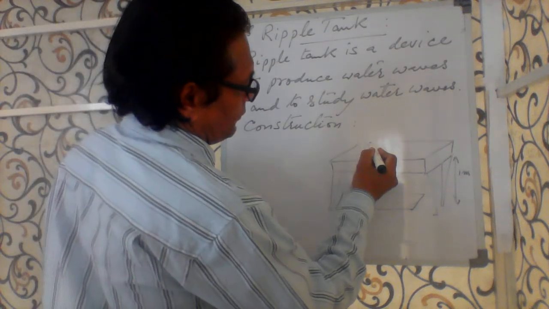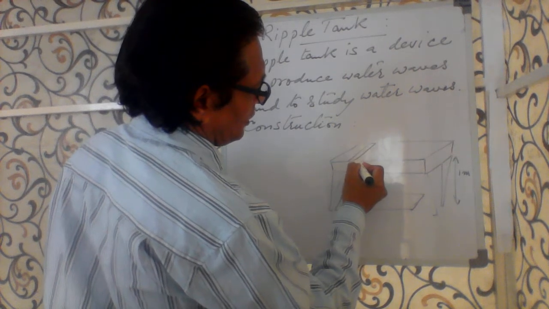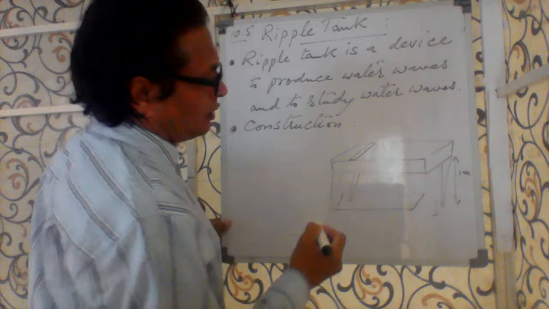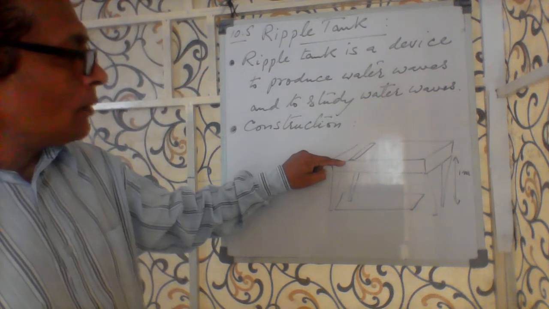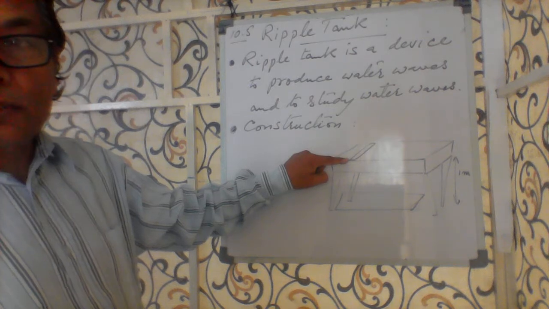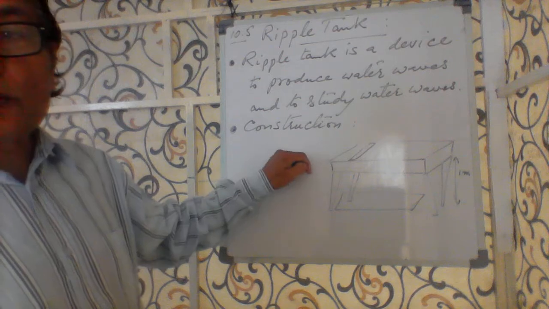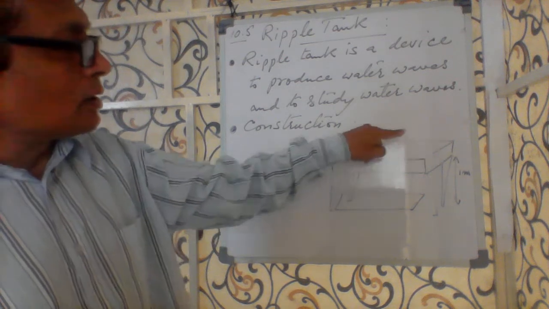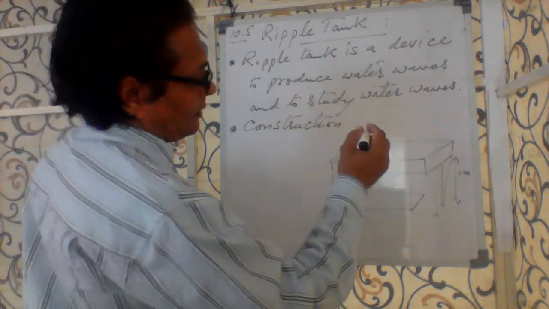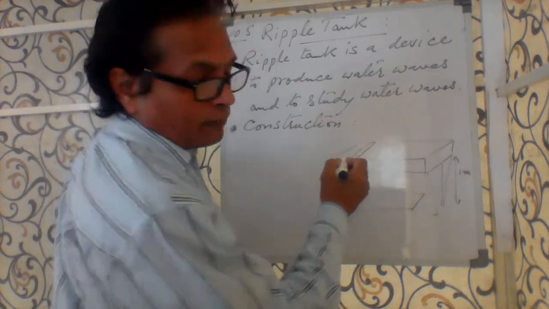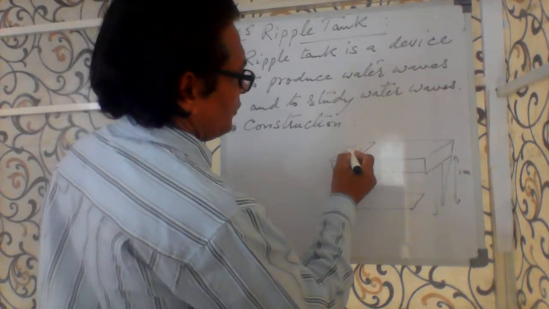Here we have a wooden plate placed such that its lower part just touches the surface of water in this glass tray. A vibrator motor is fixed on it. Here we have a stand.